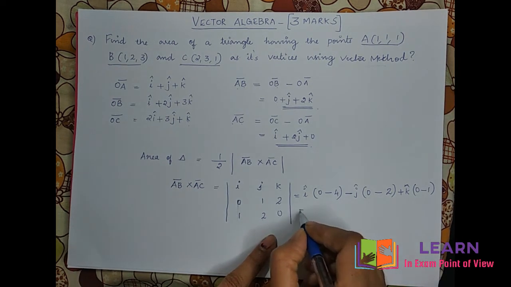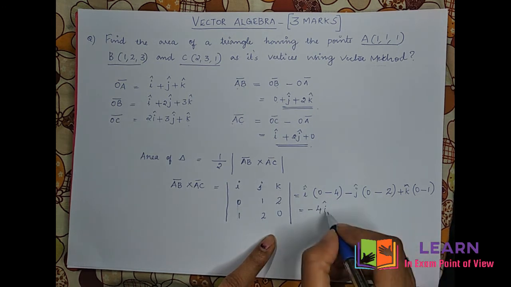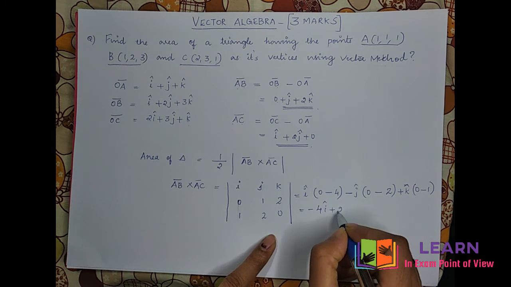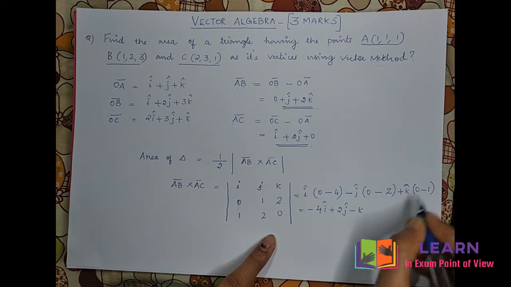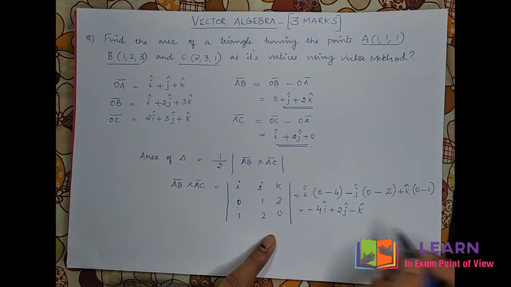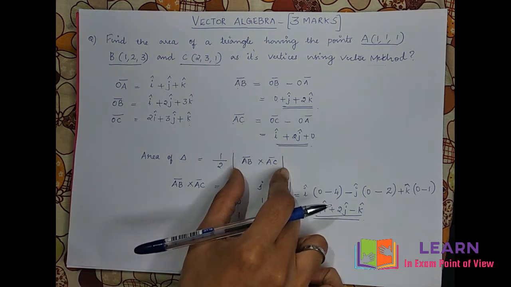So what you got? You got minus 4I plus 2J minus K, right? Here minus sign. So minus K. This is what? AB cross AC. We need what? The magnitude.